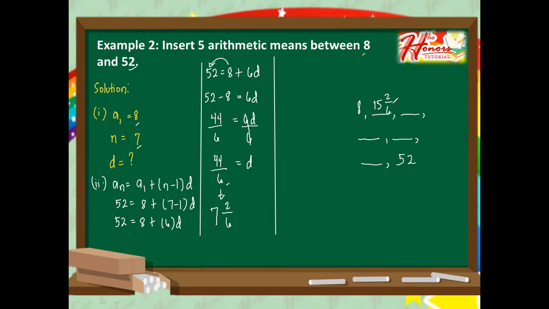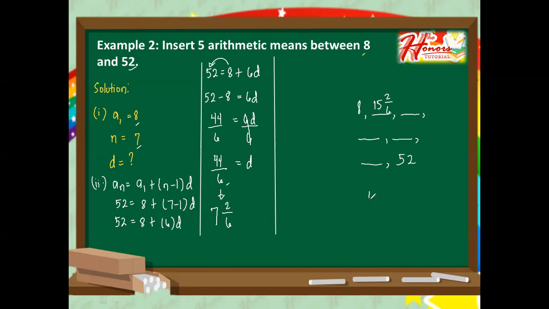No need to worry having decimal numbers or fraction numbers here. It is because we only have similar fractions, so it will not be difficult for us to solve for this kind of equation. So we have here 15 and 2 over 6 plus 7 and 2 over 6.